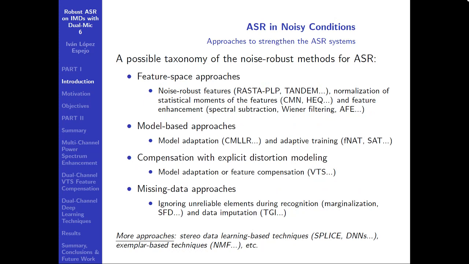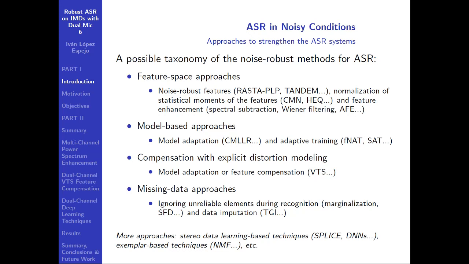A variety of algorithms can be found in the literature trying to mitigate the effects of the speech distortions, and the possible taxonomy of the noise robust methods for speech recognition is the one in this slide. So, for example, we have feature space approaches, and they work at the front-end stage. We have model-based approaches.